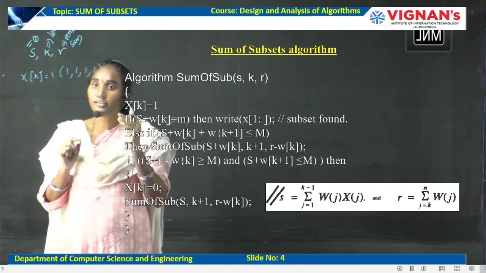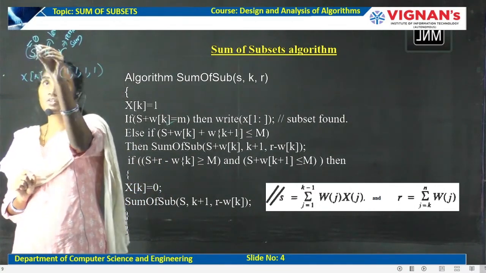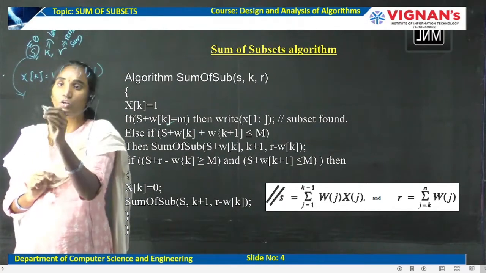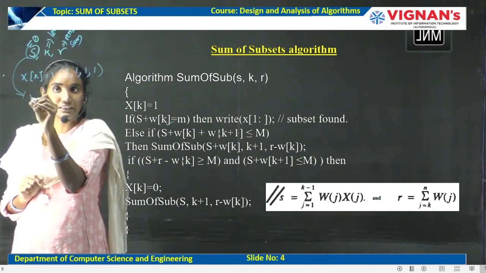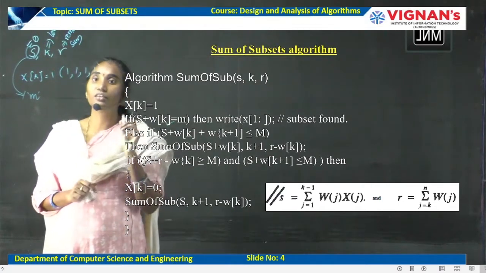That is, here whatever is the sum, this sum is almost equal to my corresponding m. So in that case I'm simply writing the solution.